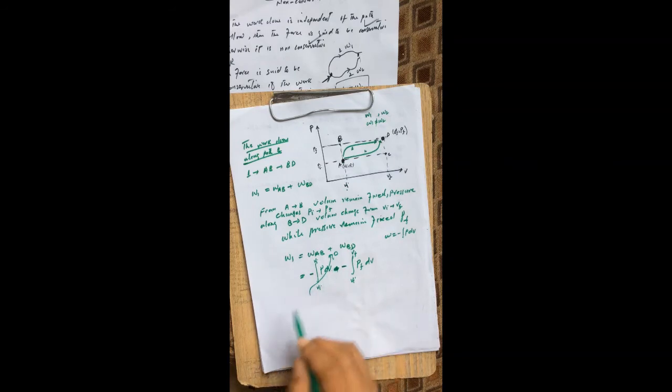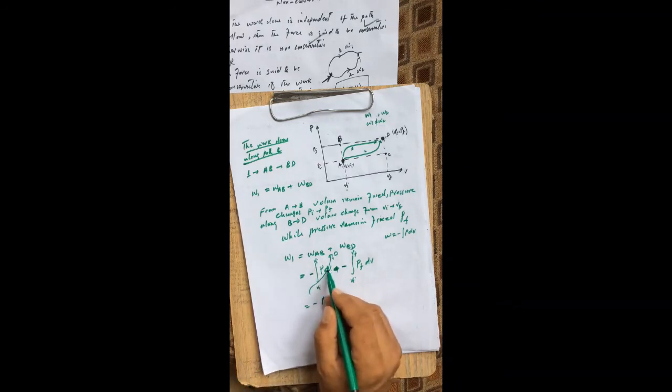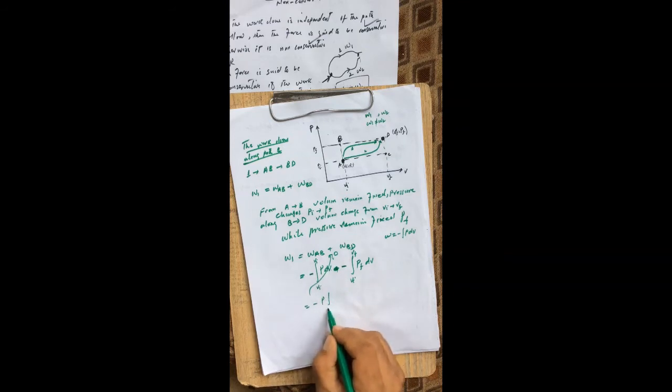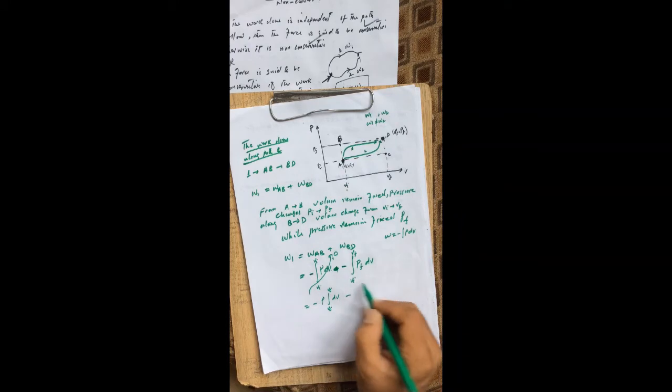Minus P is constant, Pf will be kept outside because the integral is with respect to dV. So we have Vi to Vi dV, minus Pf taken outside of this integral, so we have Vi to Vf dV.